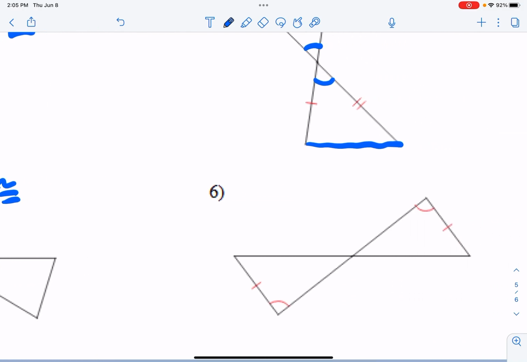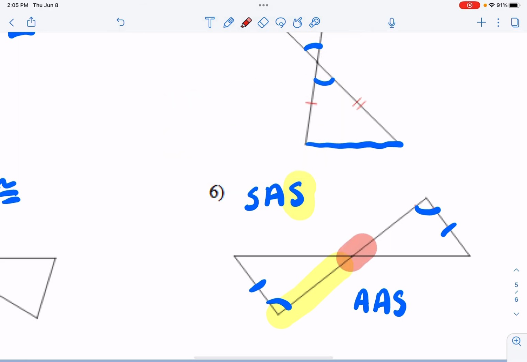And then lastly, number 6. I have a side and an angle. So I should probably be deciding between side, angle, side, or angle, angle, side. For the first one, you'd have to have this side congruent to that side. Now they're not. We don't have any markings.